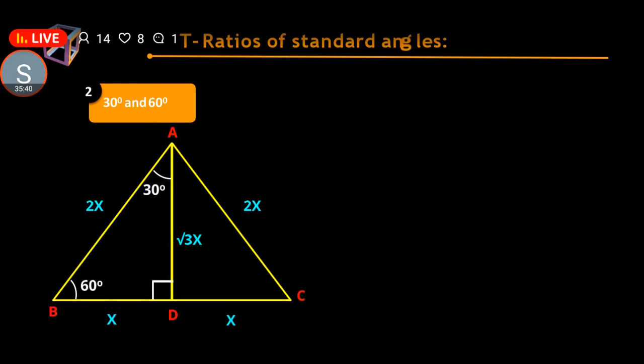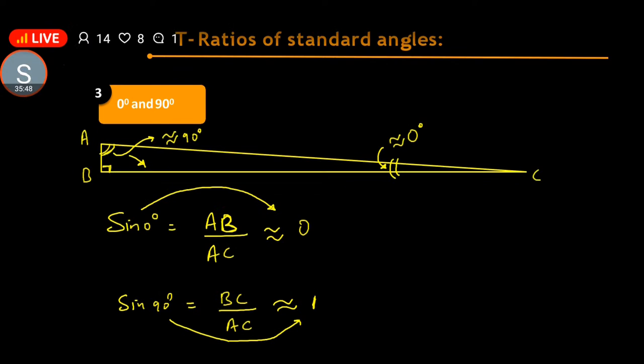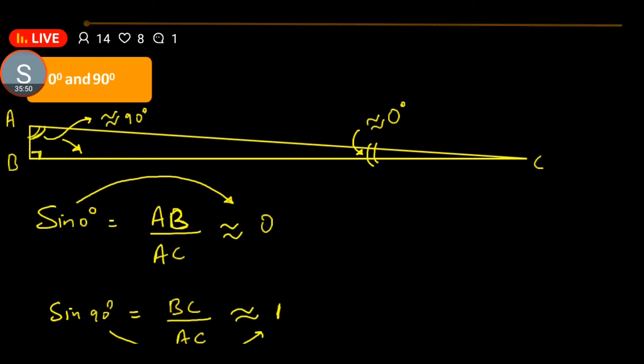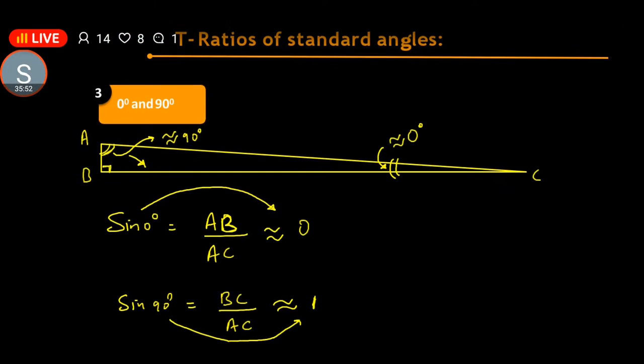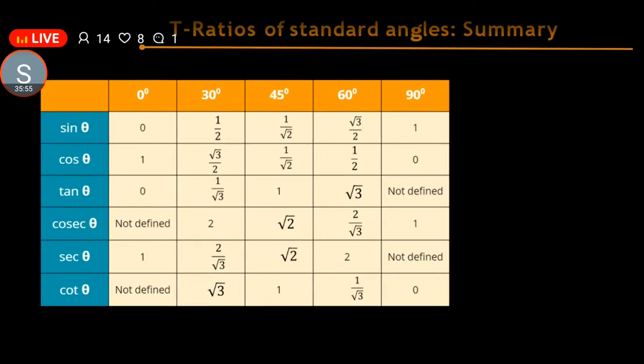Now you can calculate for 30 degrees, 60 degrees. I have given you the diagram. You should work it out, otherwise you will be lazy in your room. Then 0 degree, 90 degree. This is the table I wanted to show you.